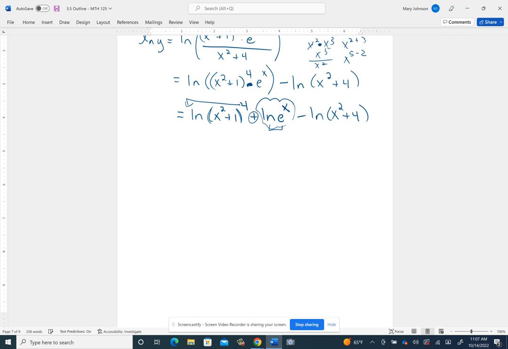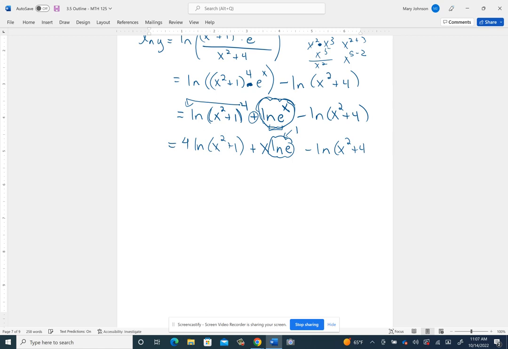You might be more comfortable if I bring the exponent down, like I'm going to do here. The natural log of e is 1, so you'll still find that you get just x. You can do that on your calculator. Do ln of e and you'll see what I'm talking about. So you either just write an x right there right off the bat because you know they're inverses and they undo each other, or you bring the exponent down and then you put a 1 where ln of e is.